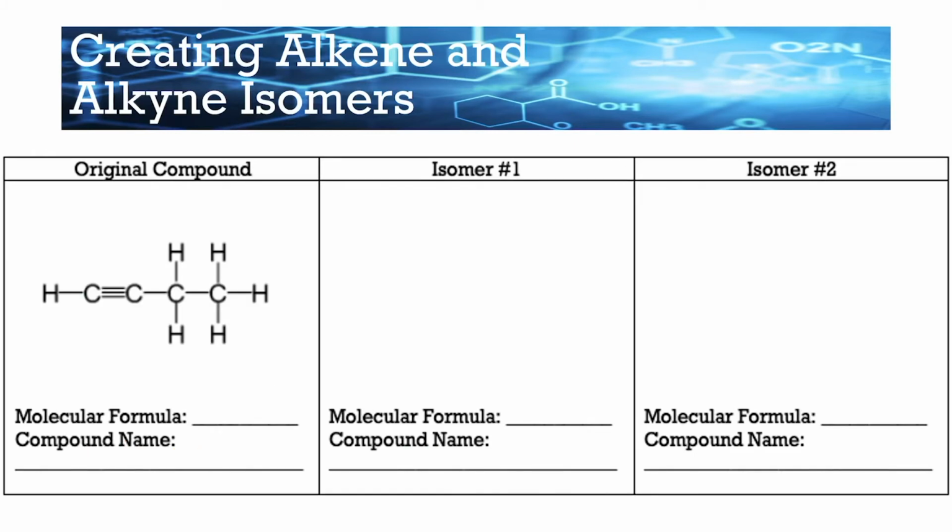Okay, next compound, we have this. The formula is C4H6, and we're going to name this 1-butyne, because we have 4 carbons, yne because we have that triple bond, and 1 to show you where that triple bond starts. Now, what we can do is draw something that looks like this.